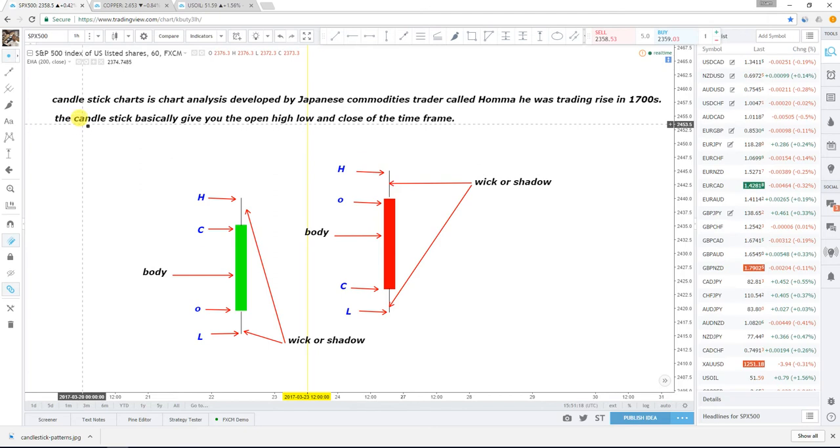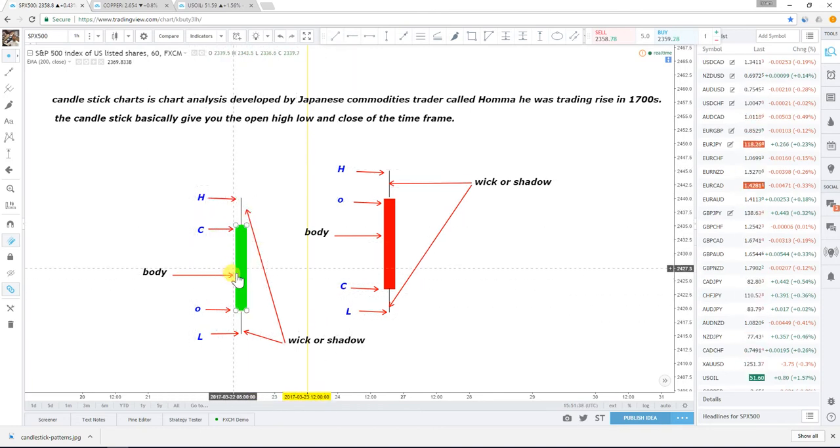Alright, as I said guys before, candlestick chart is chart analysis developed by a Japanese commodities trader called Homma. He was trading rice in the 1700s. A long time ago, this guy realized that the market goes up and down, forming a candlestick.